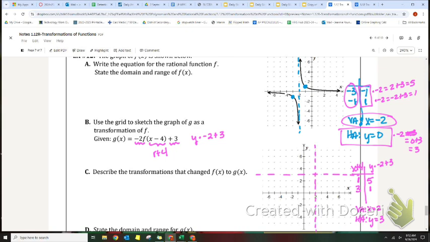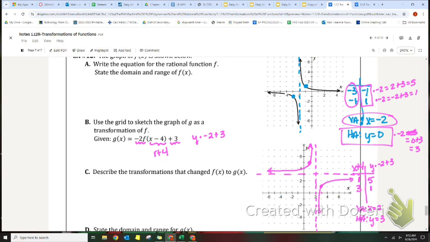I've got a point at (1, 5). And I've got a point at (3, 1). So this tells me I'm going to graph in this little area here and that little area. And so there's our graph.